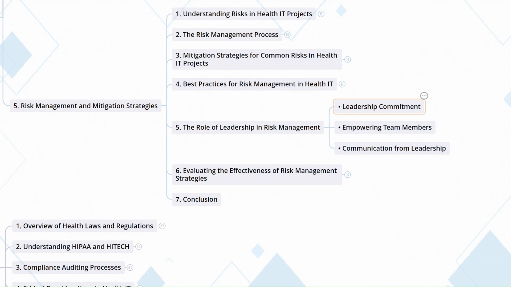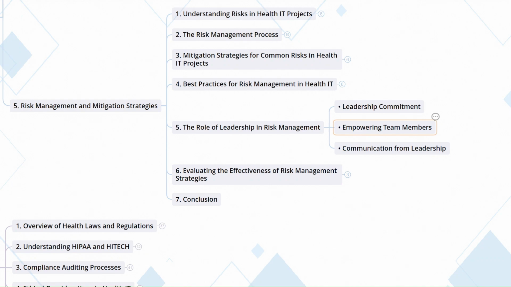Leaders must prioritize risk management efforts and allocate resources for training, tools, and time to address risks. Demonstrating organizational commitment to risk management reinforces its importance across the team. Next, empowering team members.